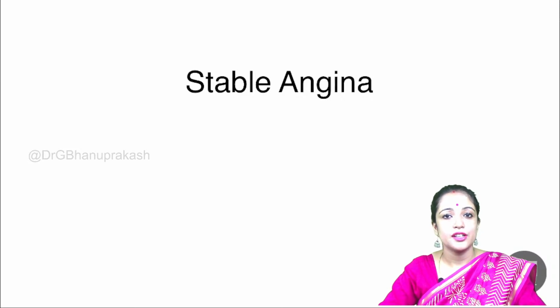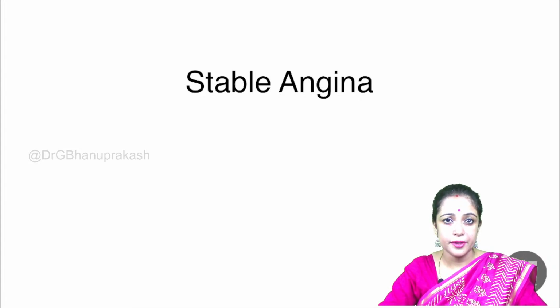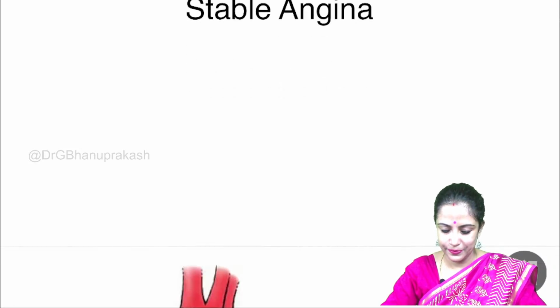In the obstructive type, we have stable angina, unstable angina, non-ST elevation MI, and ST elevation MI. In today's lecture, I am basically going to discuss stable angina, which is one of the spectrum of coronary artery disease.